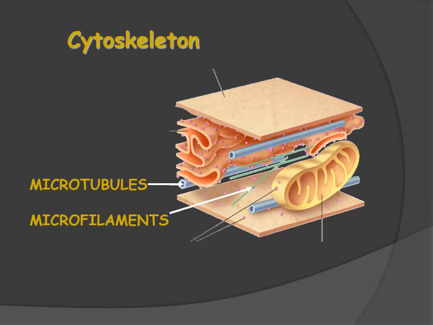You have microfilaments, which are very thin, and they're made of actin, that's the protein. Then you have microtubules, which are thicker. They're not as big, but for reference and understanding, they look like a straw. Those are made of tubulin. So microfilaments, actin, microtubules, tubulin. Again, you know it's a protein because it ends in IN.